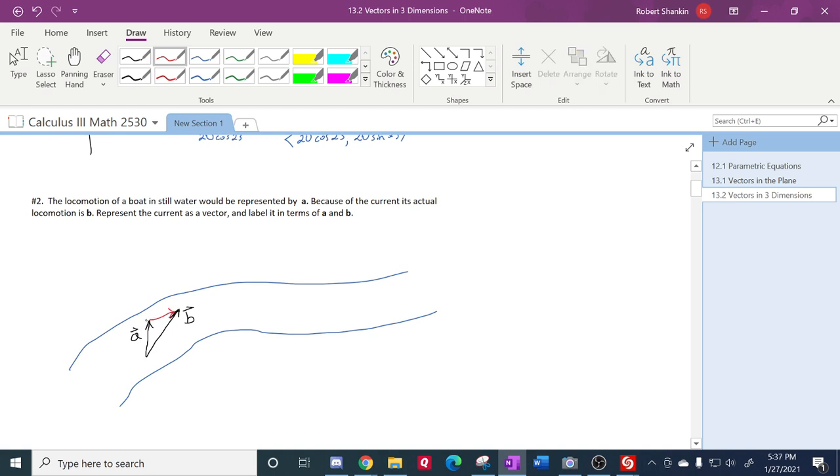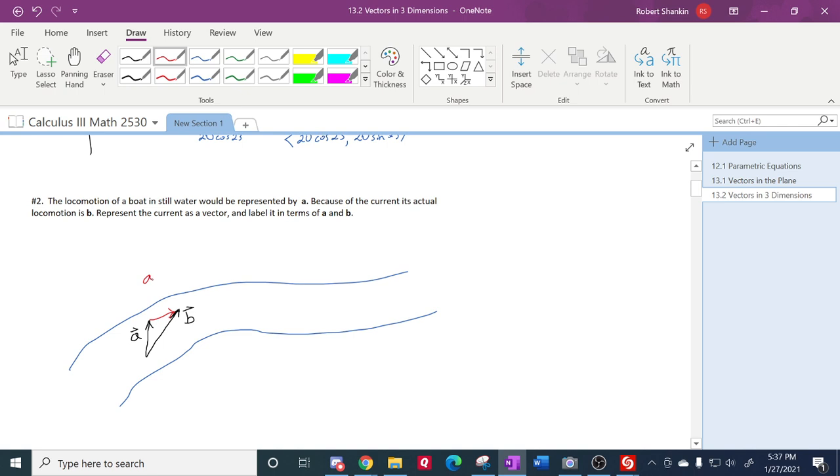So boat plus the current gave you the actual direction right here. And what is this? Well, this is not A plus B, but remember when we put the tails together from one to the other, that's the difference. It's either A minus B or B minus A.